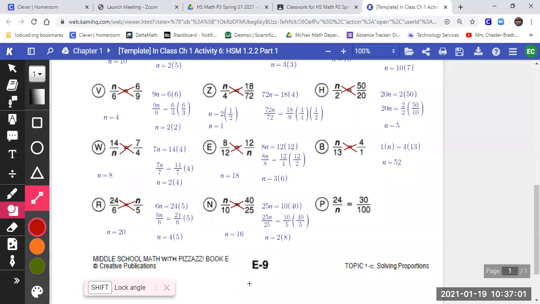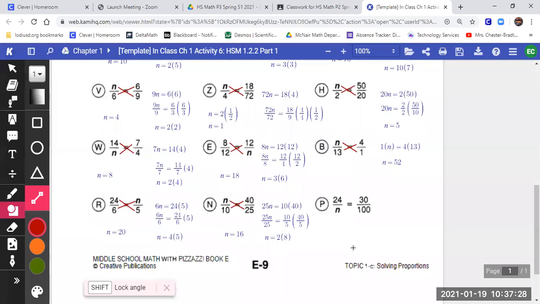Okay, so last one. What's our first step? You tell me. What am I going to do first? What are you going to do first? That's second, Matthew.